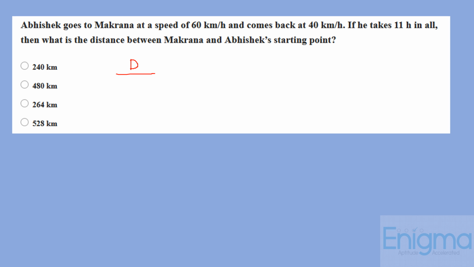The time required for going to Makrana plus the time required for coming back will be equal to d upon 60 plus d upon 40, which is given to us as 11 hours. So solving this, the LCM of 40 and 60 is 120.